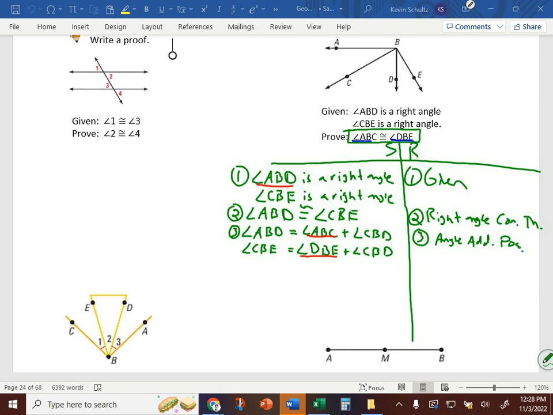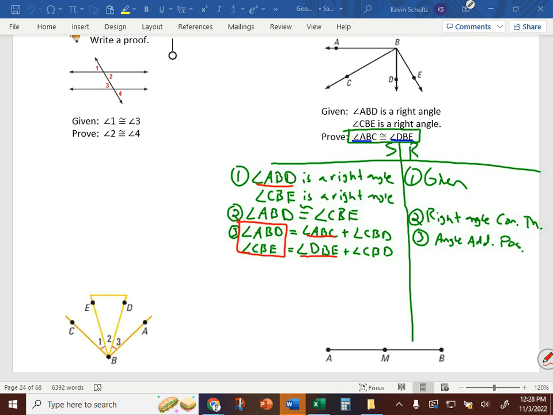Claire, what do you think? Is it angle ABC plus angle CBD equals angle DBE plus CBD? Excellent. Okay?